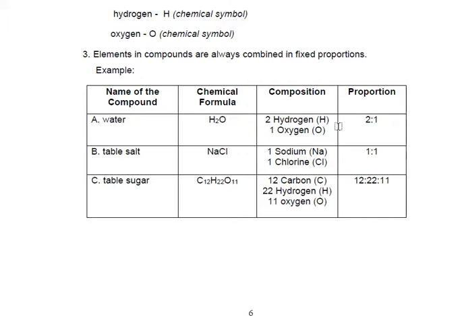It is balanced in such a way that it is proportionate. Table salt, which is NaCl or sodium and chlorine, 1 is to 1. Table sugar has 12 carbons, 22 hydrogen, and 11 oxygen. So, it's 12, 22, 11. So, it is proportionate.